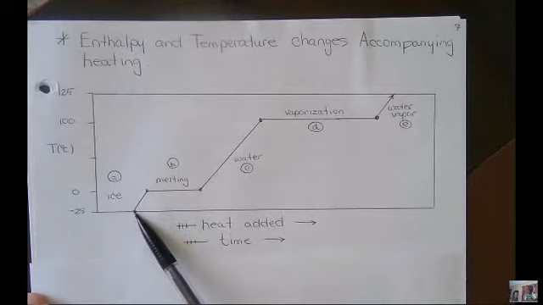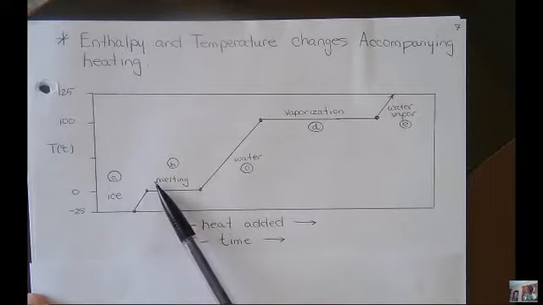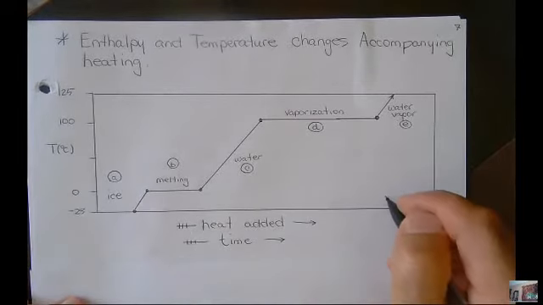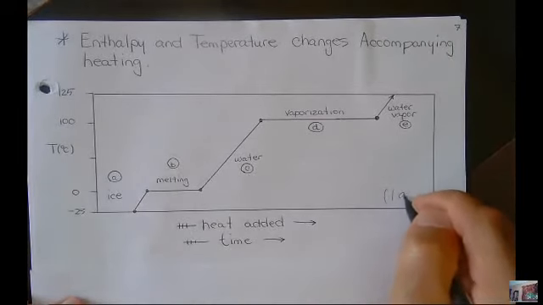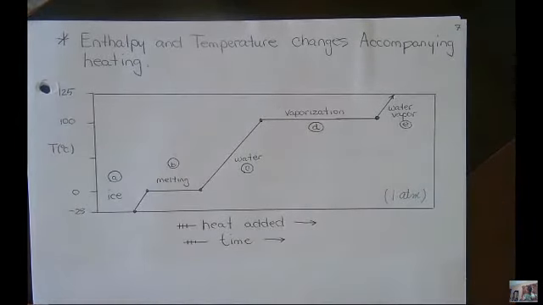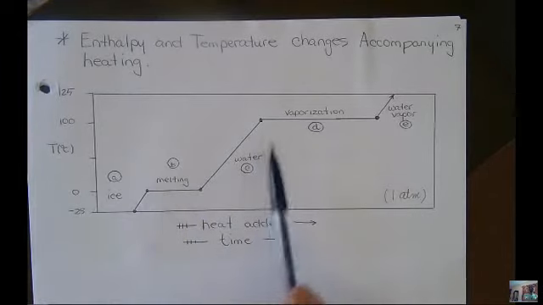The first part is I need to get the ice from negative 25 up to its phase change temperature, which is 0 degrees Celsius. Now all of this is happening at 1 atmosphere of pressure, so I'll put that over here, 1 atm of pressure. Okay, this way we can easily do the question, and we're familiar with these normal phase change transitions.